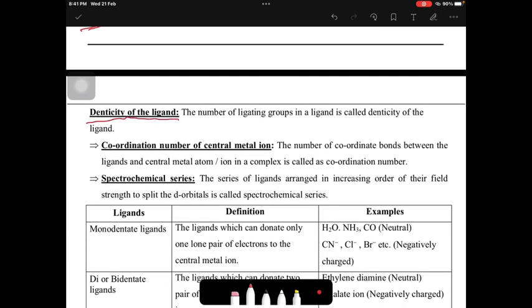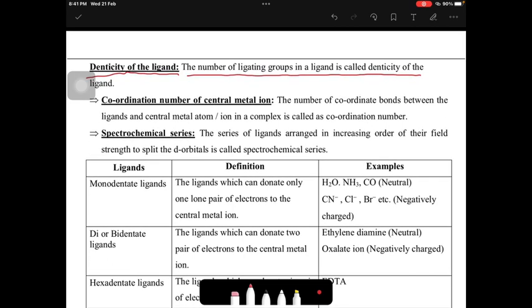Denticity of a ligand: the number of ligating groups in a ligand is called the denticity of the ligand. Coordination number of the central metal ion: the number of coordinate bonds between the ligand and the central metal atom or ion in the complex is called the coordination number.